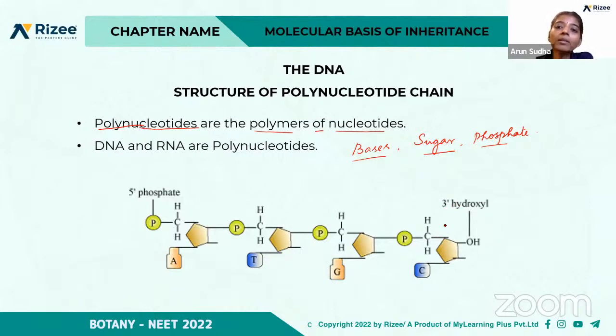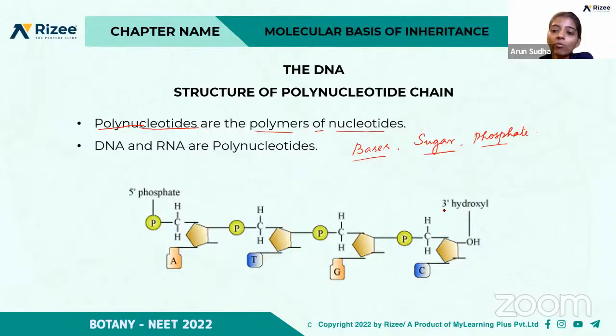If you take DNA, it is deoxyribose sugar, and in RNA, it is ribose sugar. And then nitrogenous bases. So these are the nitrogenous bases that are present. C is cytosine, G is guanine, T is thymine, and this is adenine, and they are linked together by means of a phosphate, the phosphodiester bond.